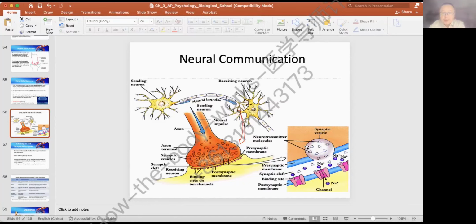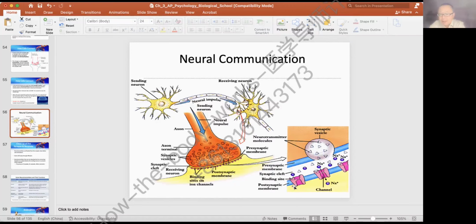The neurotransmitter molecules will be released into the synaptic cleft, and you can imagine they swim to the postsynaptic membrane.